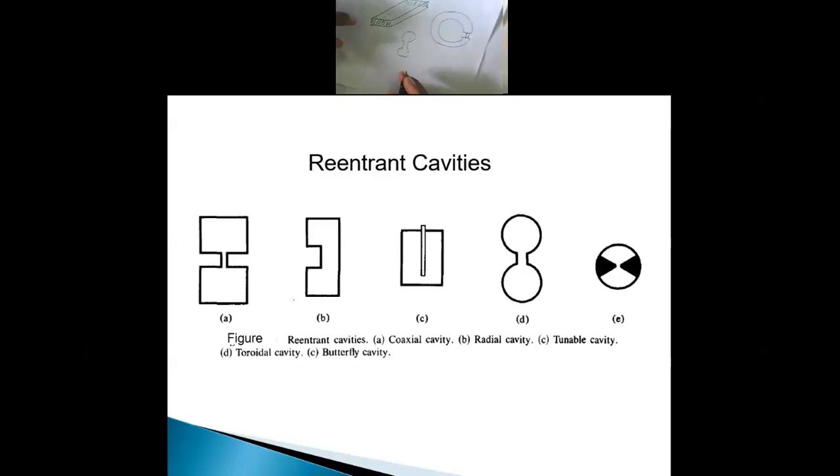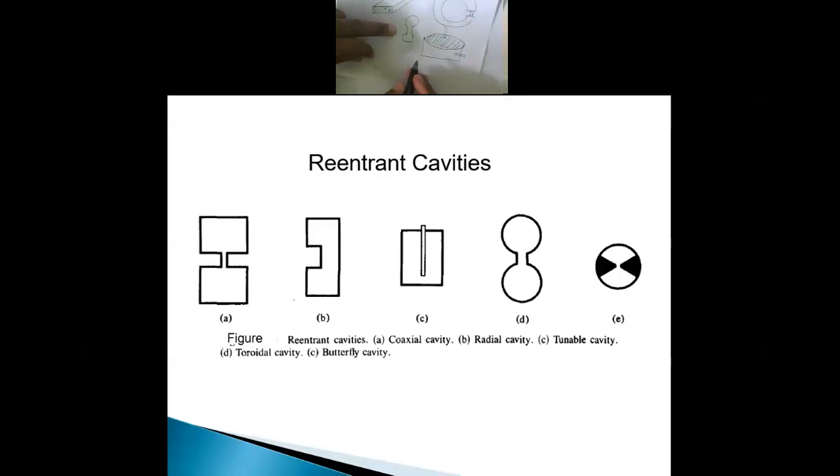Now consider a cavity again. Just consider a cylindrical shape, and this is the body of the cylinder. This is a closure, and here we can provide a signal.